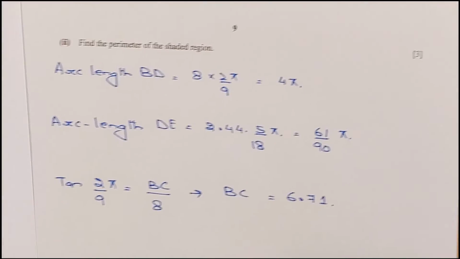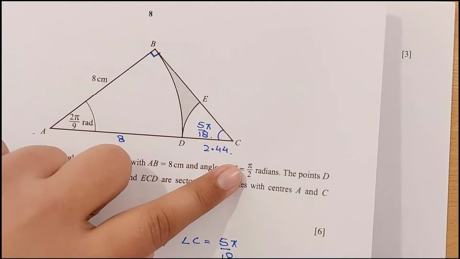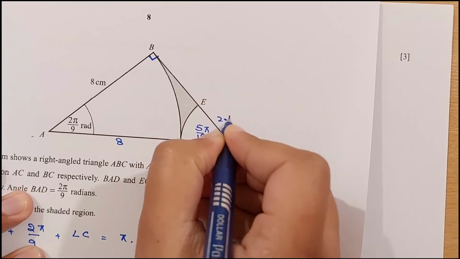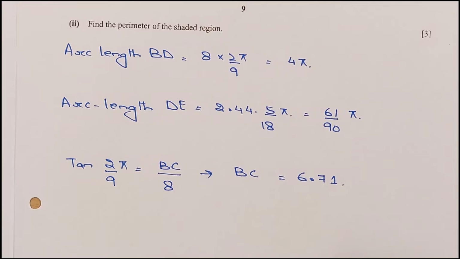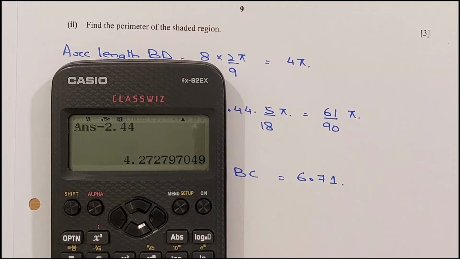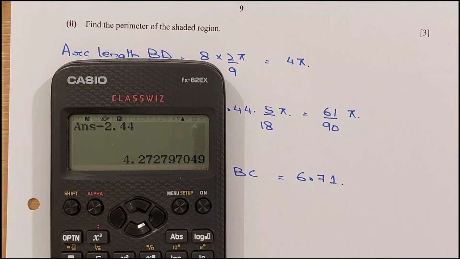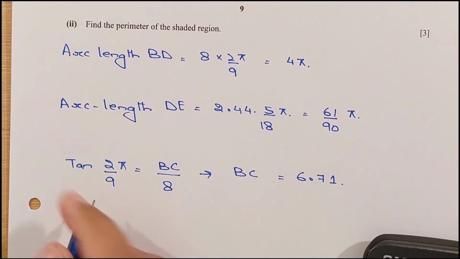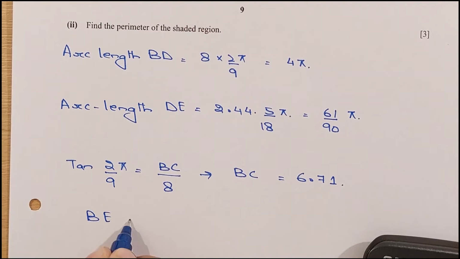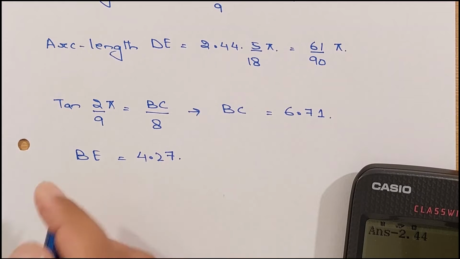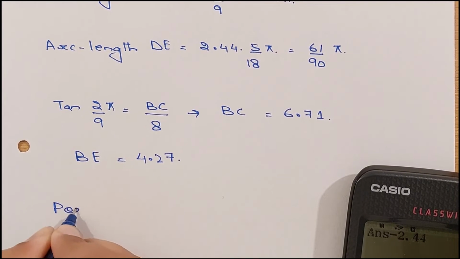So we got the length of BC, and we know that C to E is 2.44, right? So from this length we subtract 2.44, and we will get B to E. 4.27 is this B to E, right? Now let me find the perimeter of the shaded region.